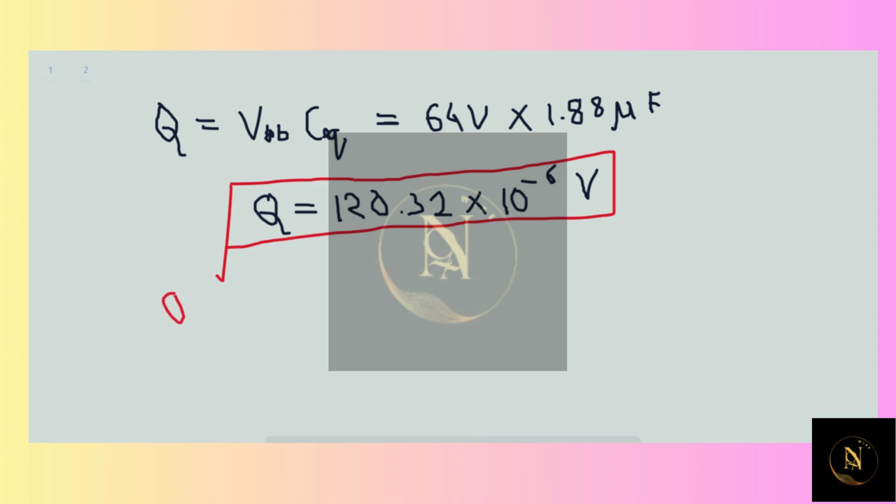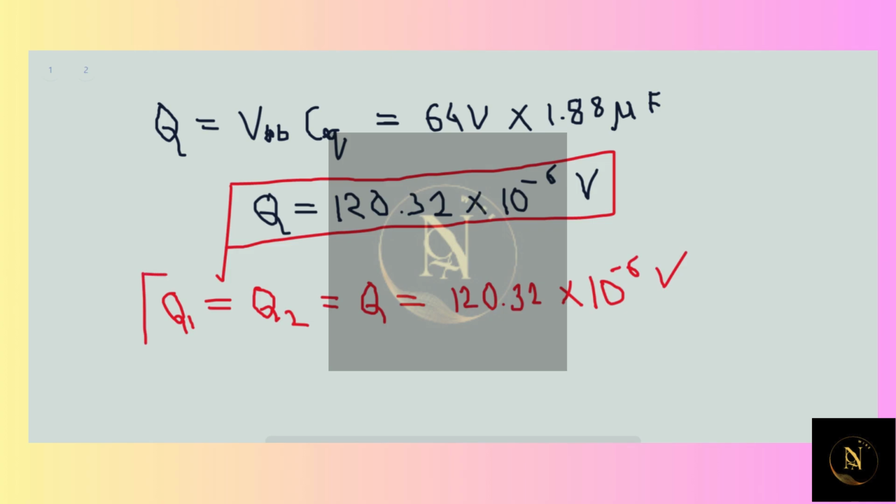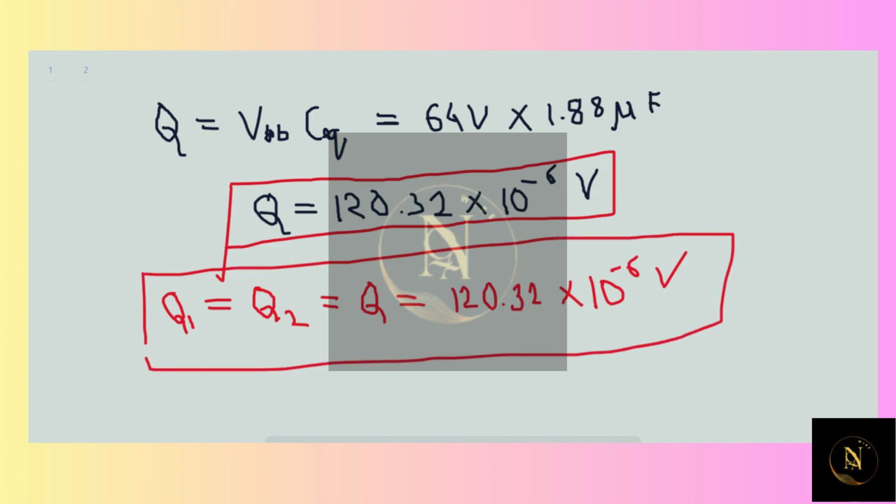So the charge on capacitor C1, which is Q1, and the charge on capacitor C2, which is Q2, is equal to the total charge Q between the points A and B, which is 120.32 times 10⁻⁶ coulomb. So this is the answer for the first part of the problem.